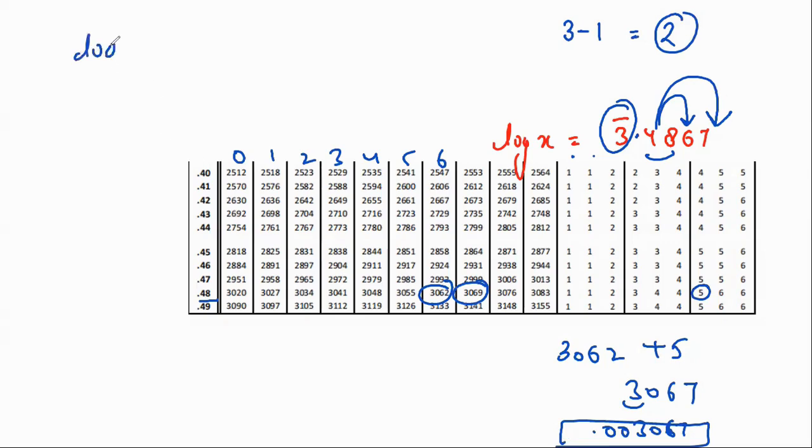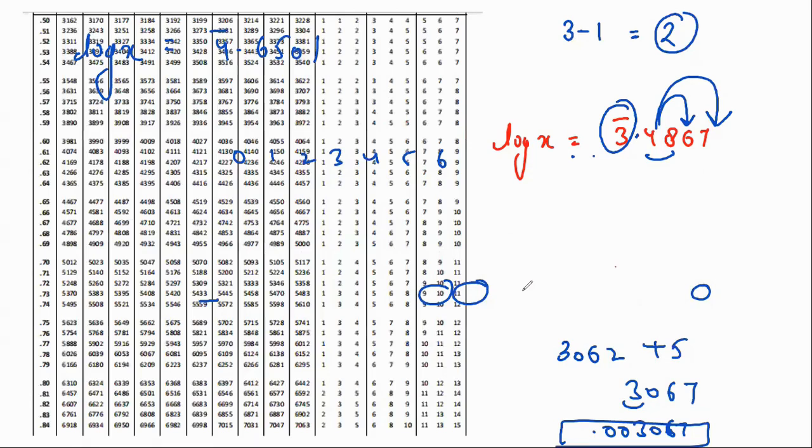So let's take another type of question. For example, they have said log x is equal to 4 bar point, let's say 0.6507, right? We'll write it here because we have the values here only.